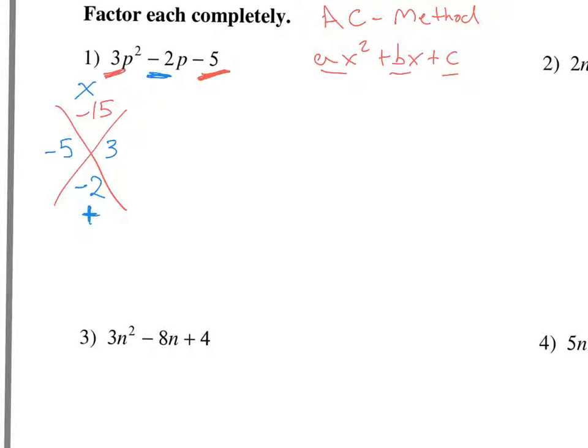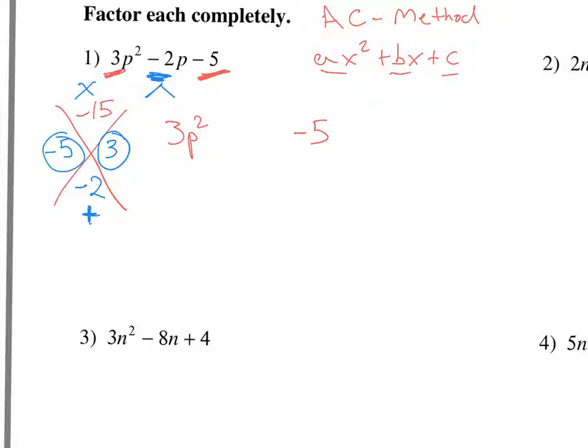So what do we do with these two factors? Here's the name of the game. You take your first term, which was 3p squared, and it stays the same. You take that negative 5 term, and it stays the same. But your middle term is now going to break up into two terms.